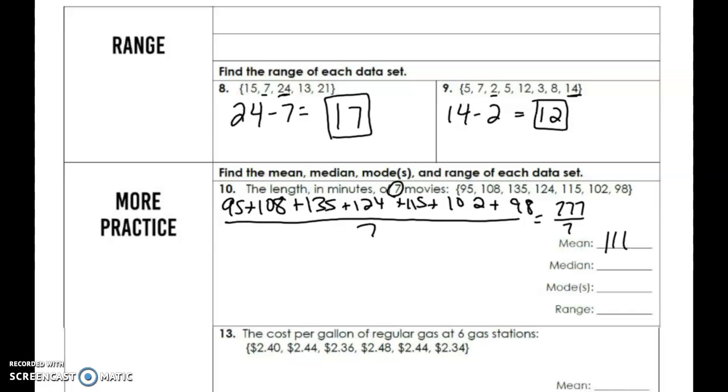All right, now we've got the median. We're going to put our numbers in order from smallest to biggest. All right, so for the median, we can start working our way from the outside to the middle.